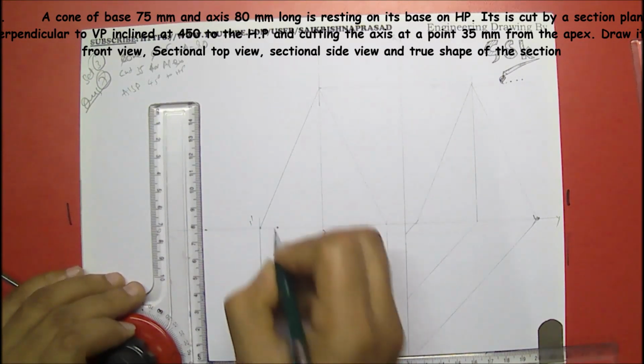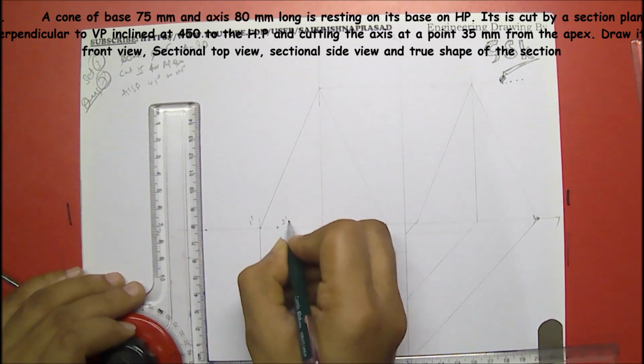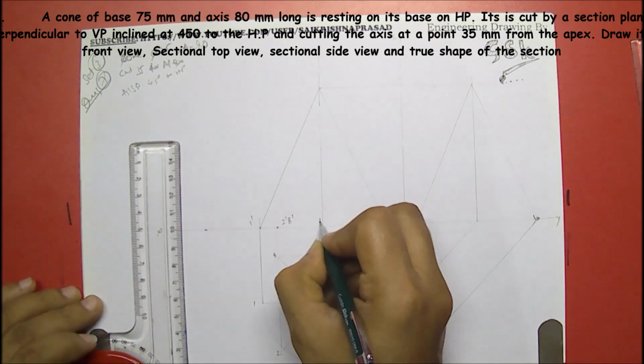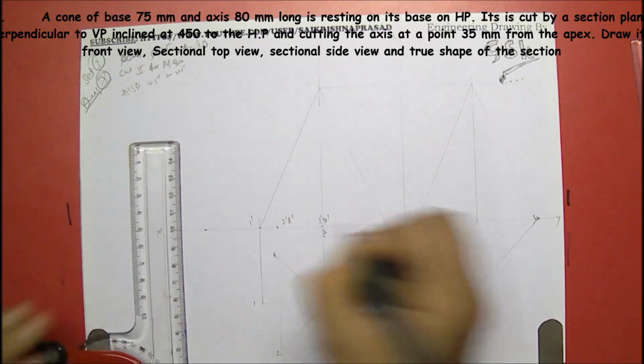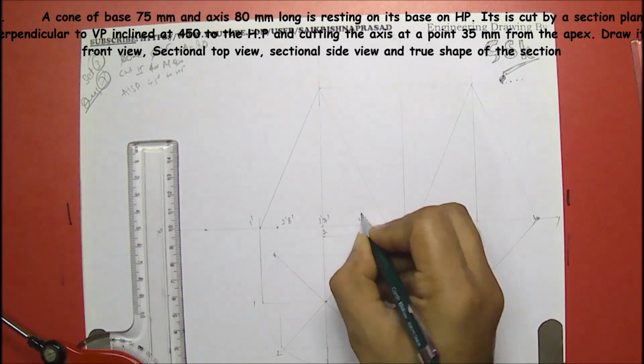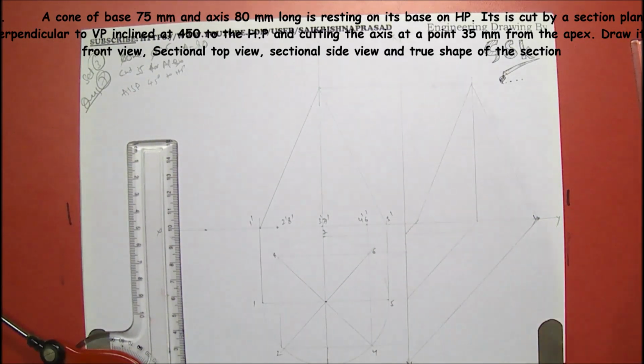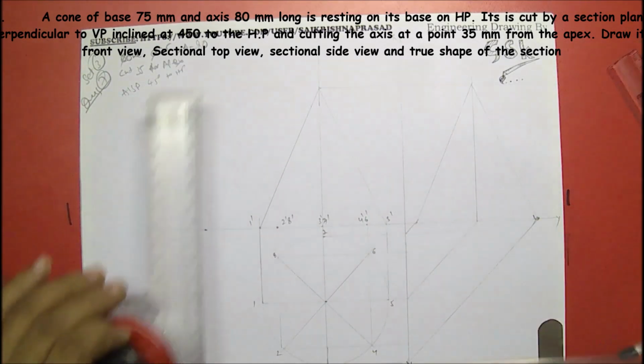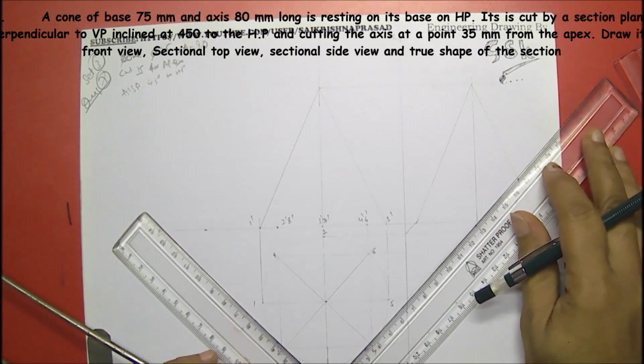This is 1 dash, this is 2 dash and 8 dash, this is 3 dash and 7 dash, this is 4 dash 6 dash, and this is 5 dash over here. Coming to this one also, we have to draw that same.